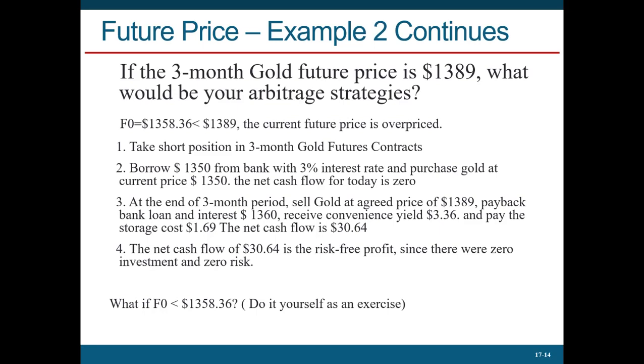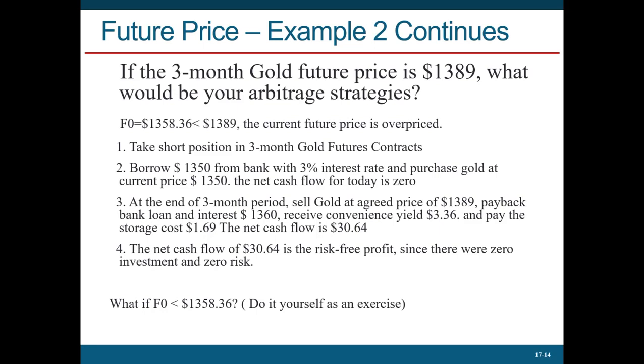Now, let's say we wanted to buy at $1,358.36. How can we buy? Well, you need to buy the real asset of gold today and hold it for the next 3 months. Since this is arbitrage, you're not supposed to spend your own money. Right now, the gold spot price is $1,350.